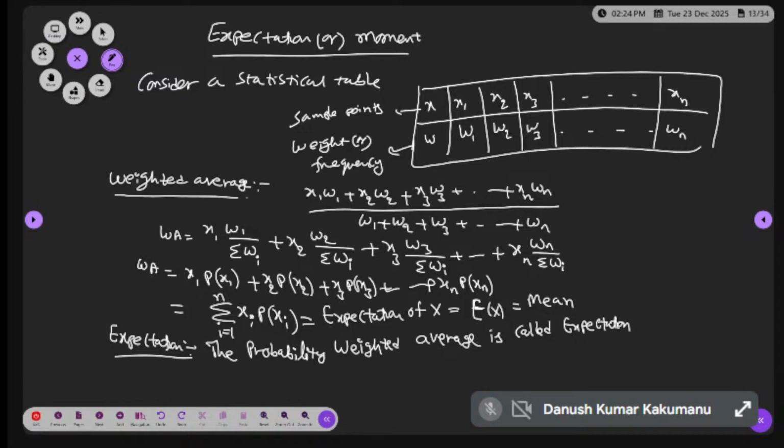What you are doing here: weighted average converted in terms of the probabilities, yes or no? The probability weighted average is called expectation. Expectation is represented by E of x. Another name of expectation is called moment. Expectation, another word, moment. But in this case, this is called mean here, x1, x2, x3, xn. All of you understood?